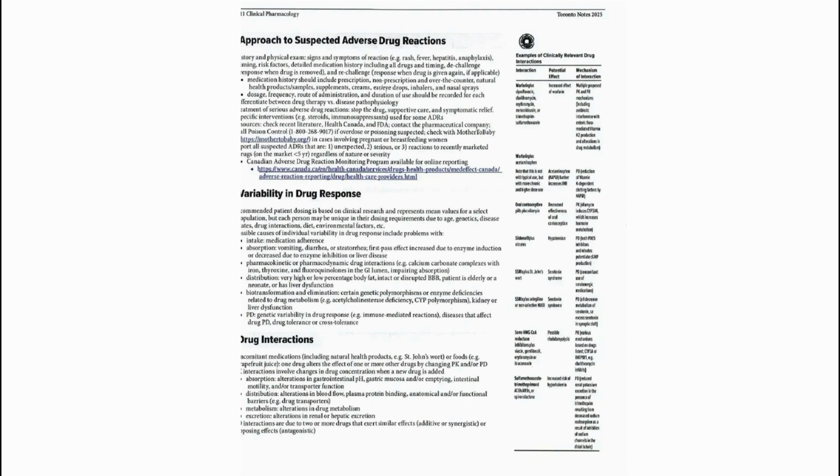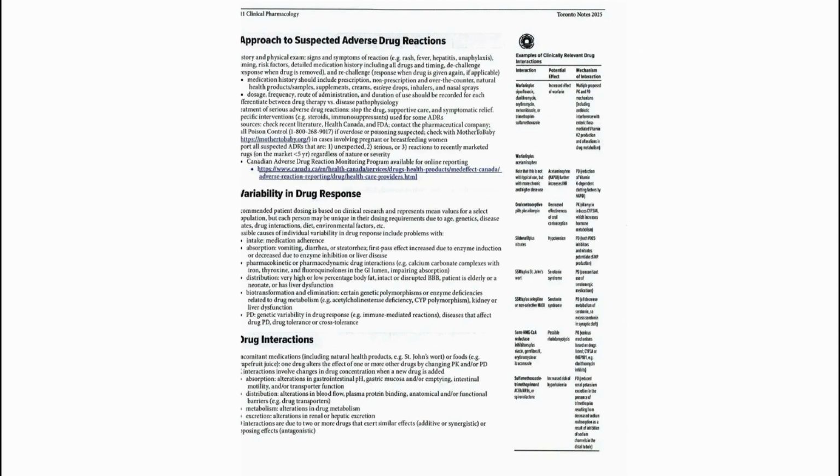Finally, patients may respond differently even when drug concentrations are identical. Reasons include genetic receptor differences, immune-mediated drug reactions, disease states, drug tolerance, and cross-tolerance. This represents pharmacodynamic variability.